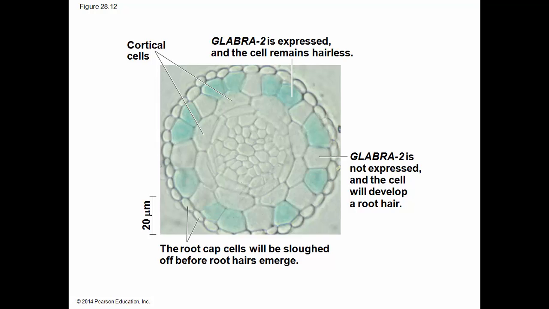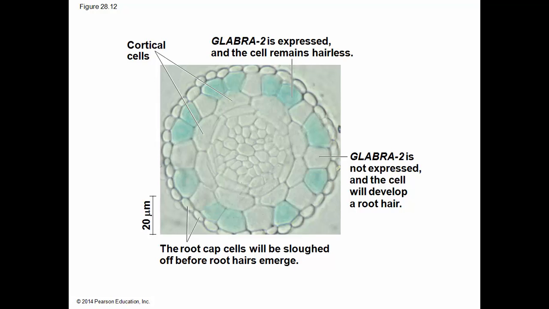Differential expression of a gene called glabra2 is required for the appropriate root hair distribution. Researchers have demonstrated this requirement by coupling glabra2 to a reporter gene that causes every cell expressing glabra2 in the root to turn pale blue following a certain treatment. And the glabra2 gene is normally expressed only in epidermal cells that will not develop root hairs.